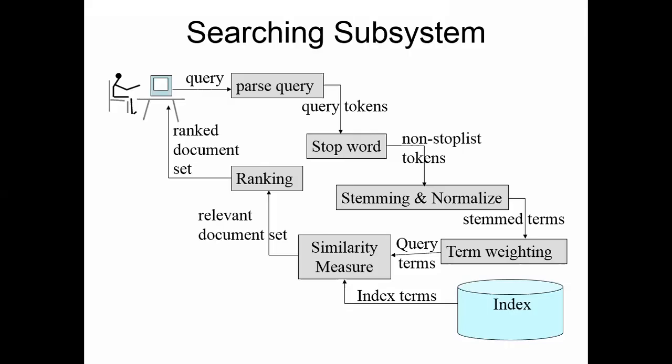Highest similarity score means those documents which are registering better similarity score. As the document contains all the query terms, it gets a better similarity score.